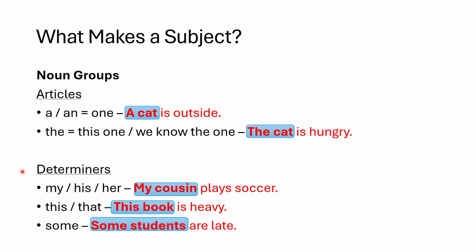Some determiners in English are my, his, her. For example, my cousin plays soccer. This, that. For example, this book is heavy. Some. For example, some students are late.